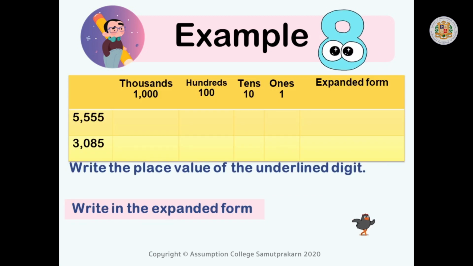Complete the table using these numbers. 5,555. Digit 5 is in the thousands place. Digit 5 is in the hundreds place. Digit 5 is in the tens place. And digit 5 in the ones place.